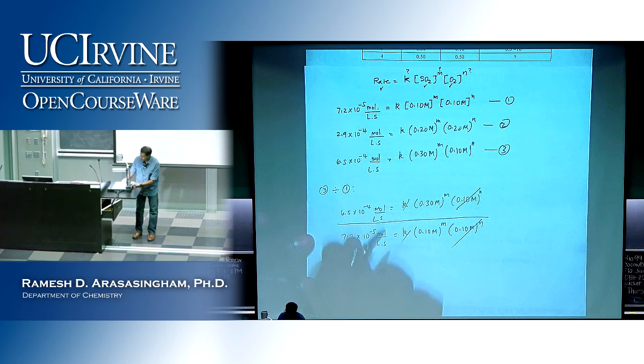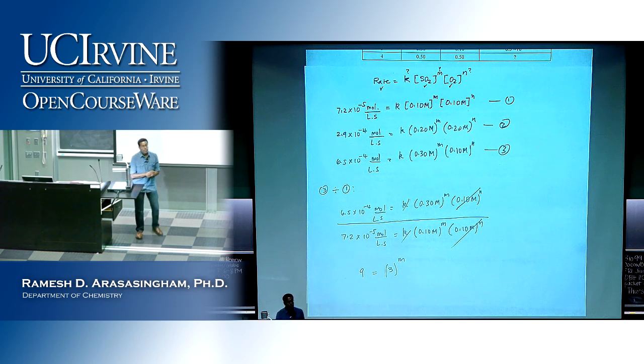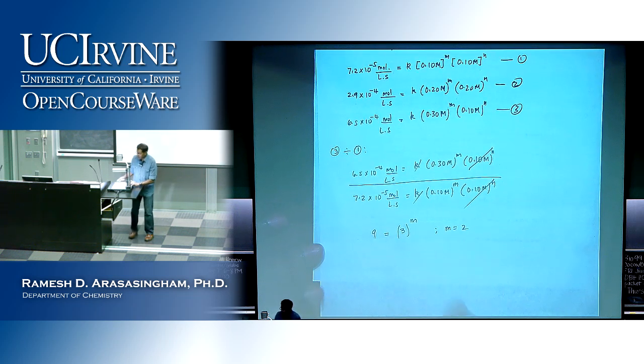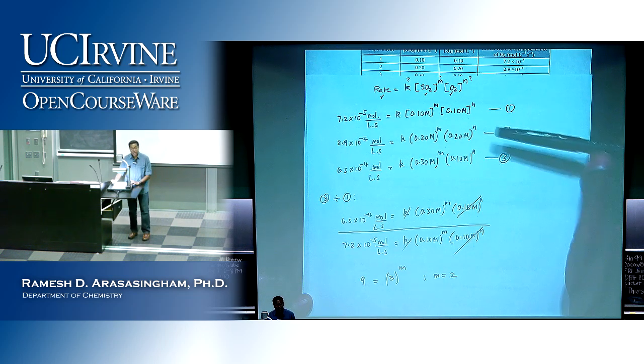And so if you divide this by this, you end up with 9 equals, this is 0.3 divided by 0.1, 3 raised to the power M. So what do you think M comes out to be? 2.